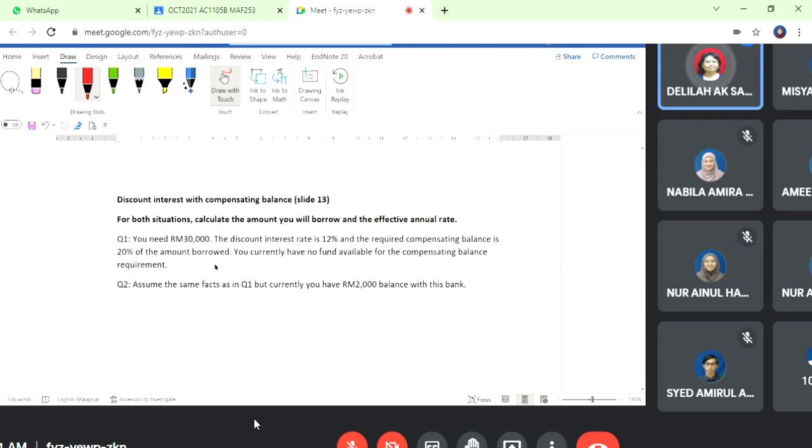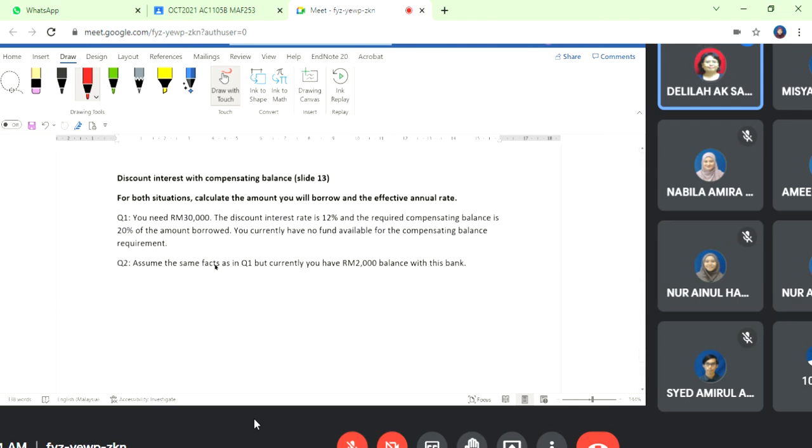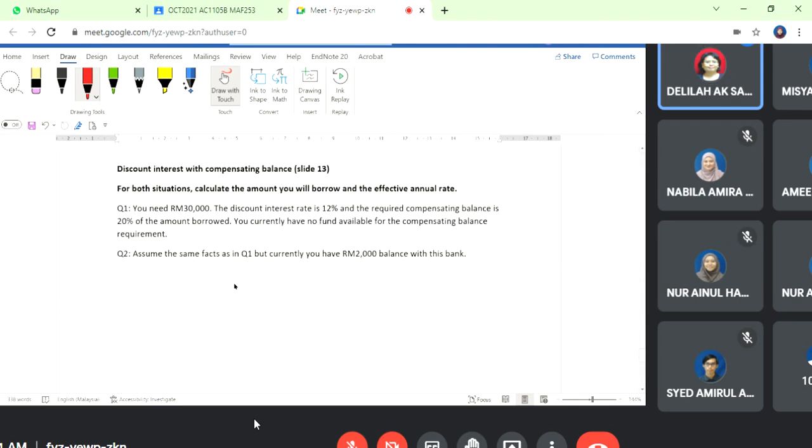So for slide 13, again, dia guna perkataan need. Okay, need to borrow 30,000 ringgit. So we look at question 1.